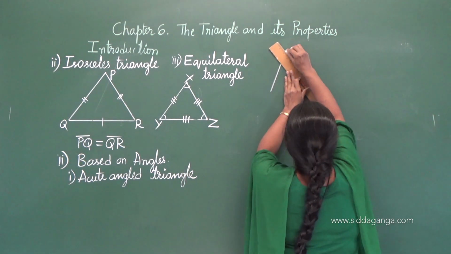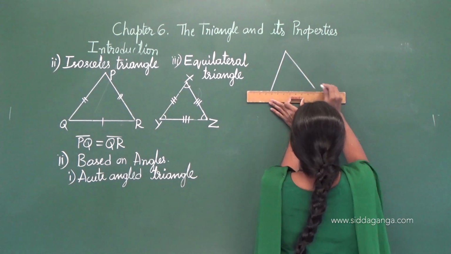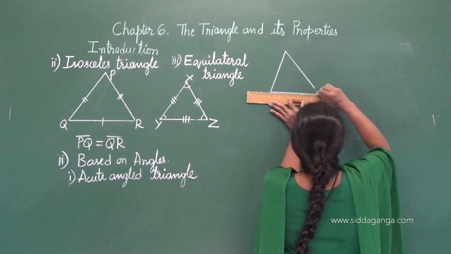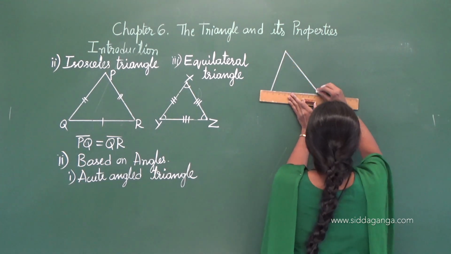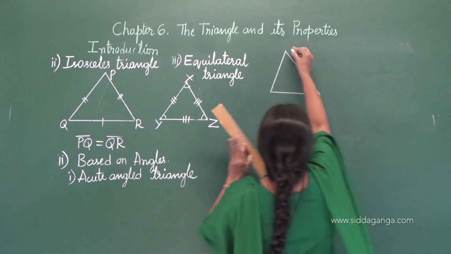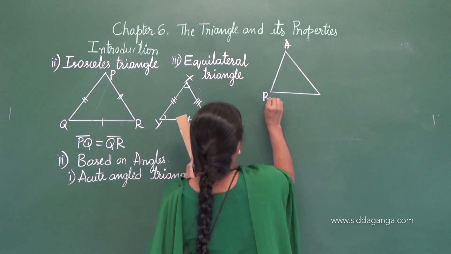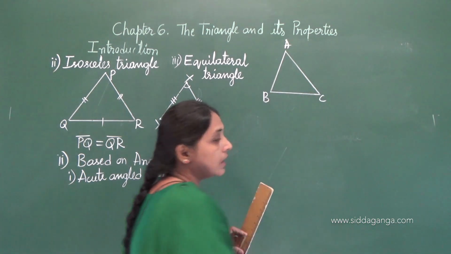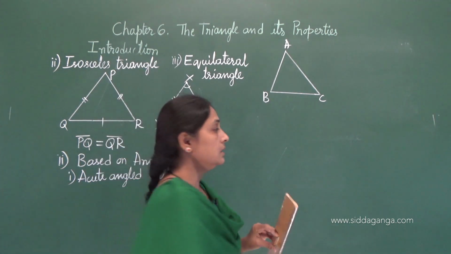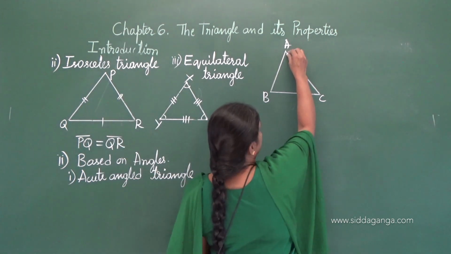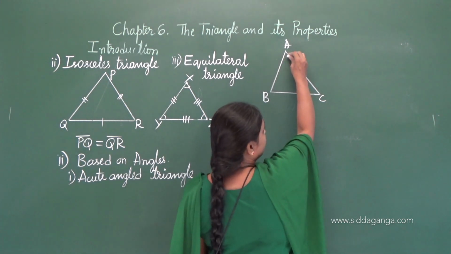If I take a triangle, okay, consider triangle ABC here. Then how can we mark the acute angle triangle? All three angles here are less than 90 degrees.